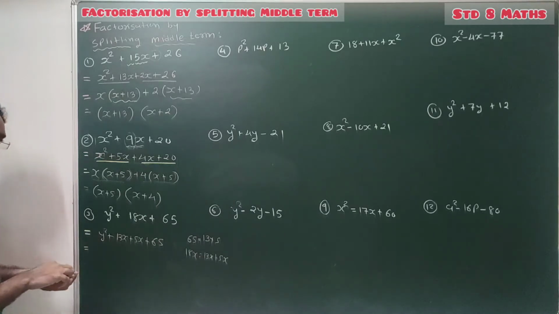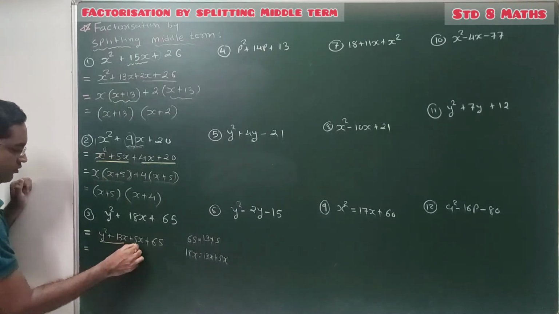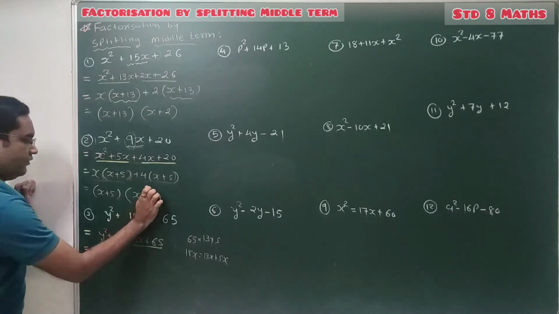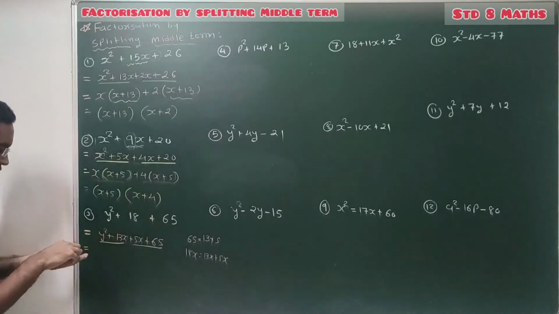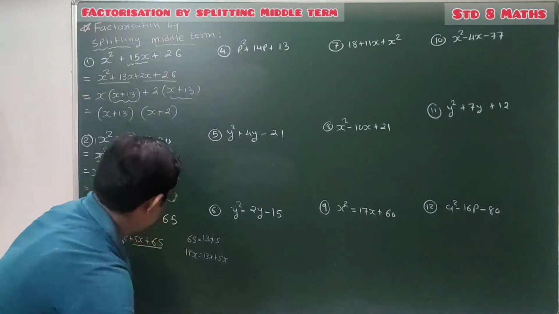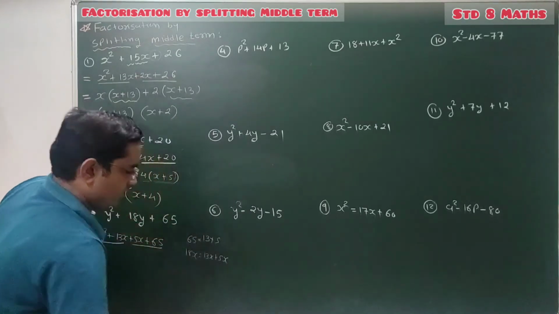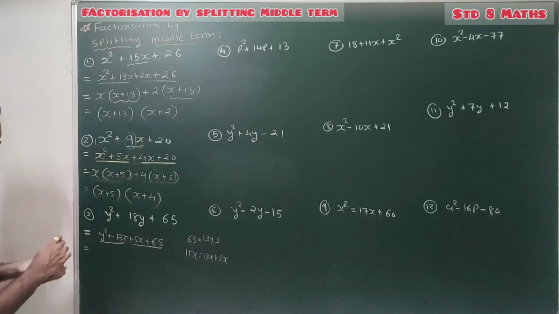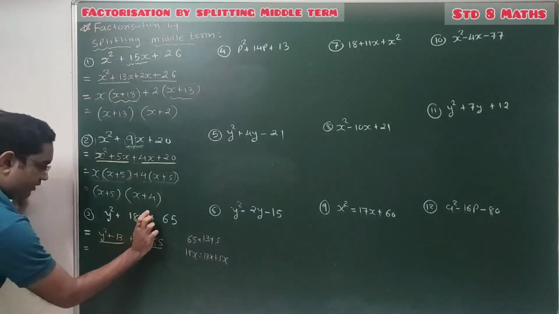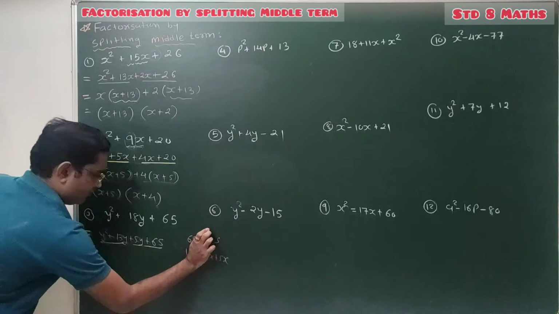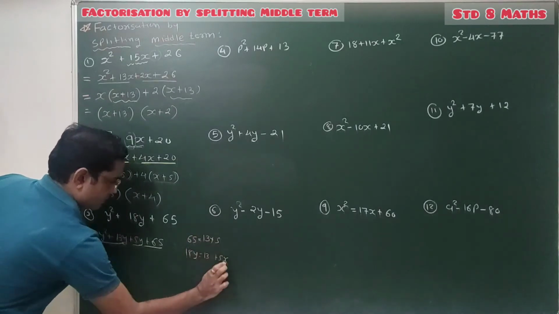Now here consider the pair of first two terms and last two terms. ये वाई स्क्वायर के फॉर्म में है तो यहाँ पर वाई होगा ना, क्वेश्चन में आपने गलती की है। सो ये y square plus 18y plus 65, तो यहाँ पर जो डिवीज़न होगा वो एक्स में होगा है ना, एक्स नहीं है यहाँ पर। 13y and 5y ये भी y में होगा.